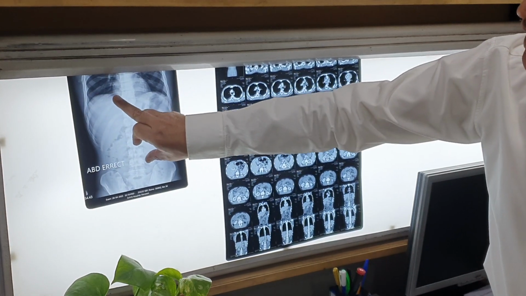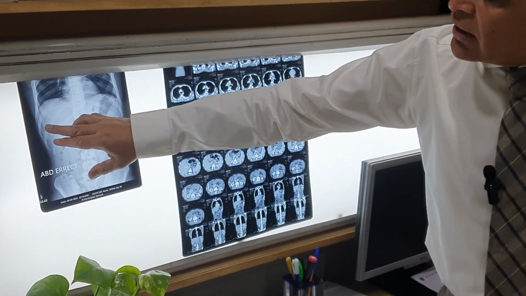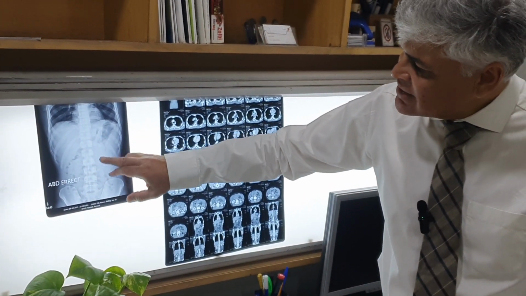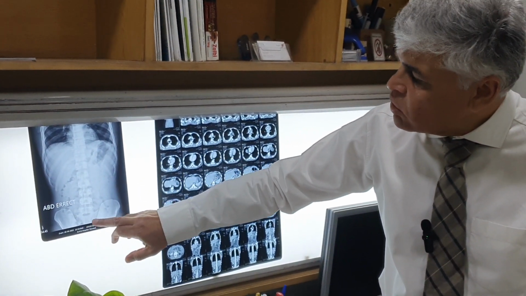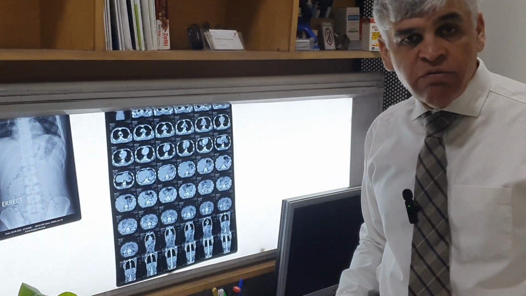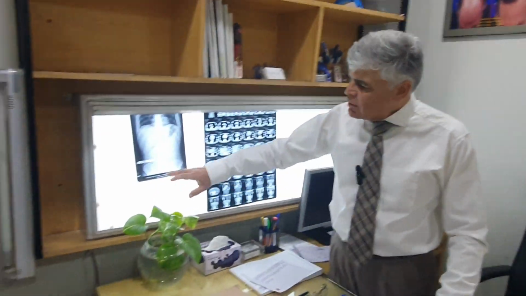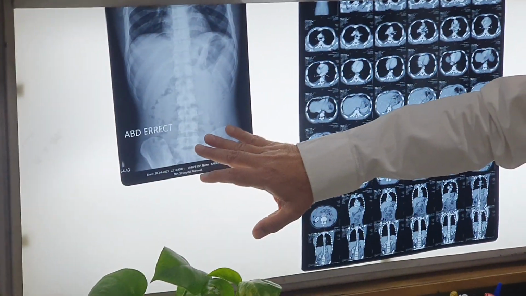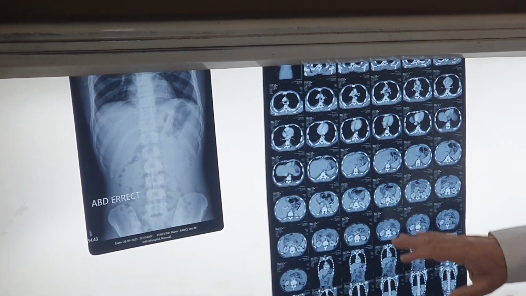There isn't apparently any effusion on either side. The abdomen shows gas patterns present all the way down. So he's actually got lots and lots of gas in his abdomen, but they're not following a characteristic pattern of either small bowel obstruction or large bowel obstruction. But what this really implies is that he probably has an effect of constipation.